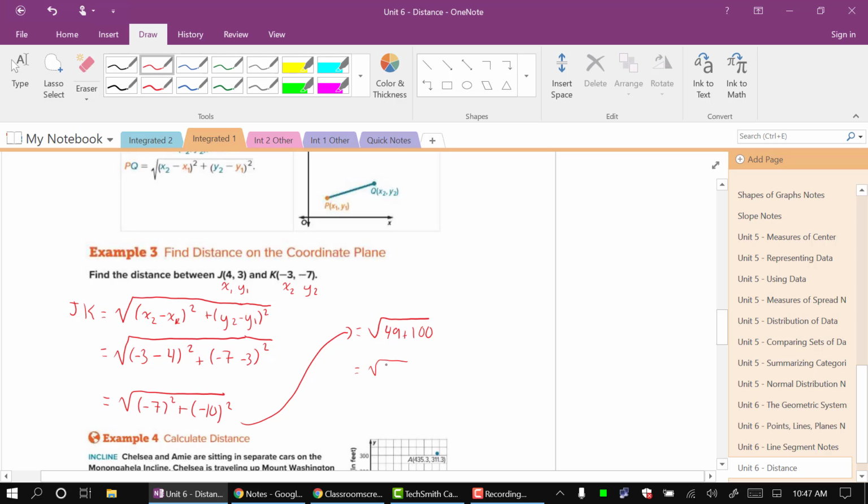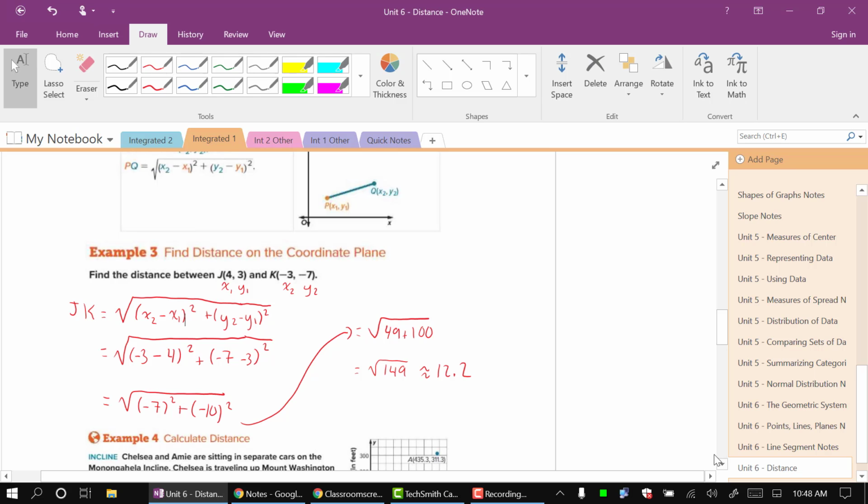That gives me the square root of 149, which is about 12.2. So again, the big thing here was you have to start off with labeling what's your x2, x1, y2, and y1. Once you label those, you just plug them into the formula and then work it out.